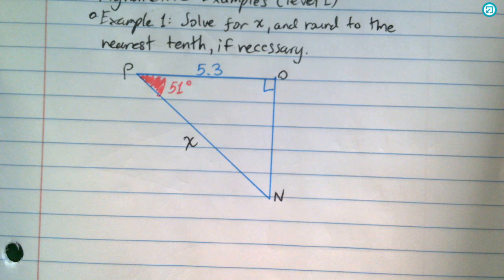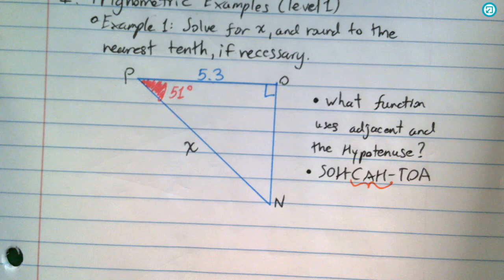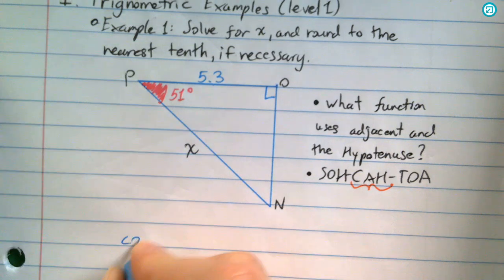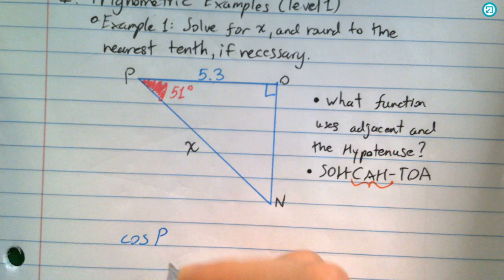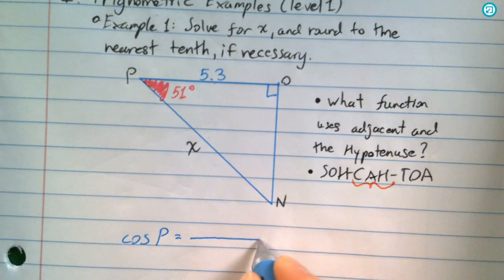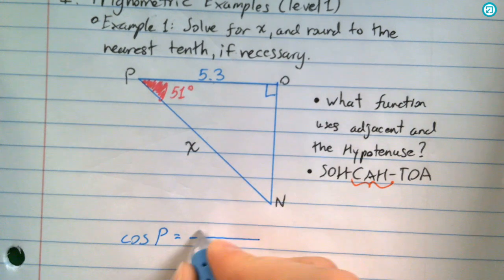So, we're going to take the cosine of P and set it equal to the adjacent over the hypotenuse.